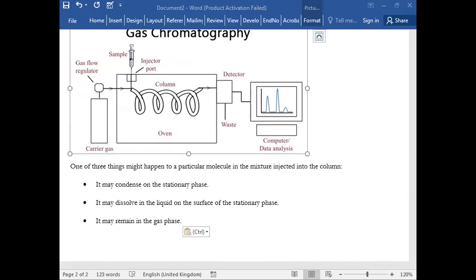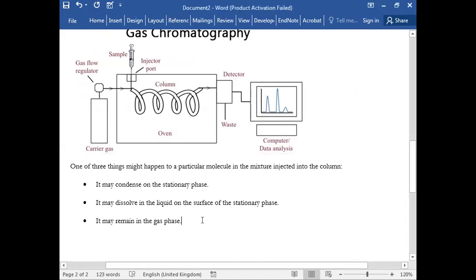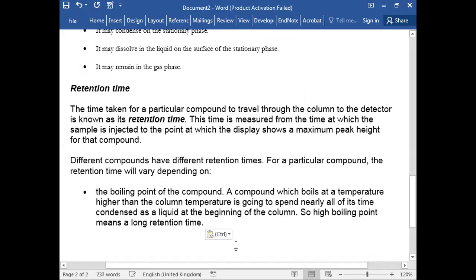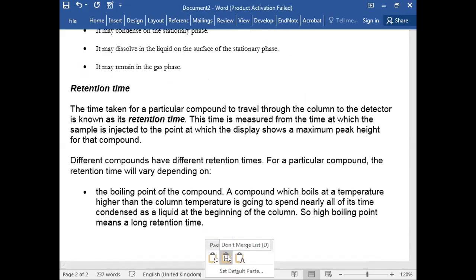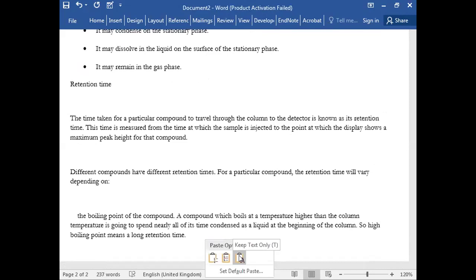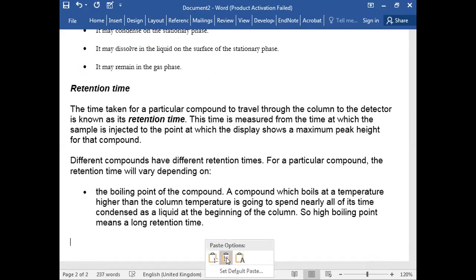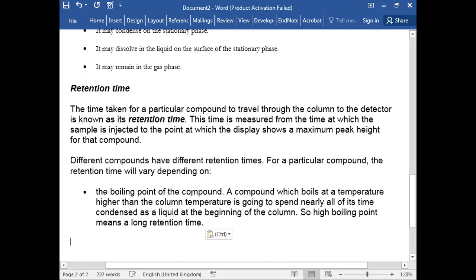The parameter that we are concerned with here is called the retention time, and that is how long a particular substance takes to reach the detector from the time we have started the flow of gas.